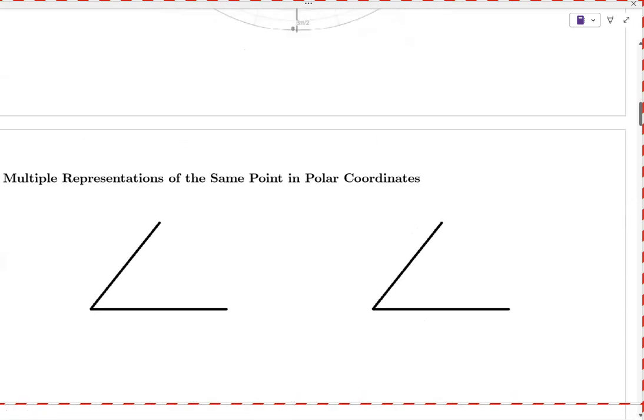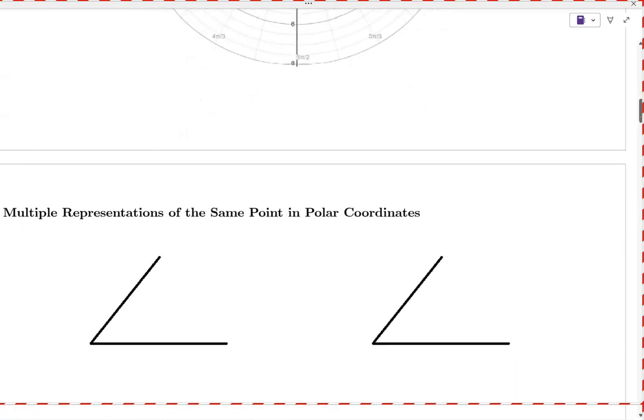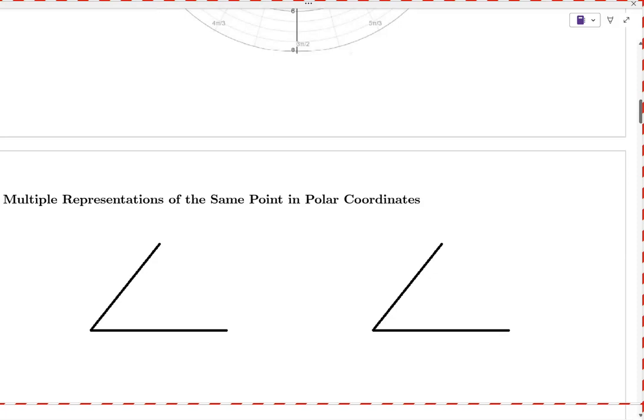So one thing you might notice, and this is something that we've talked about before, is that you might get multiple representations of the exact same point. For example, if I rotate around, say, pi over 2 or 5 pi over 2, I end up in the same spot, don't I?